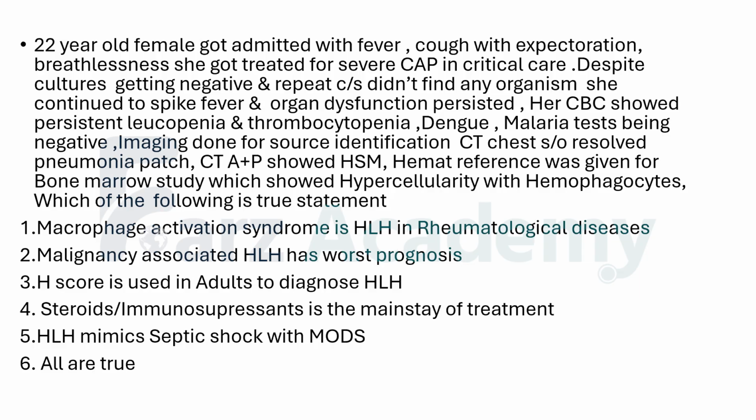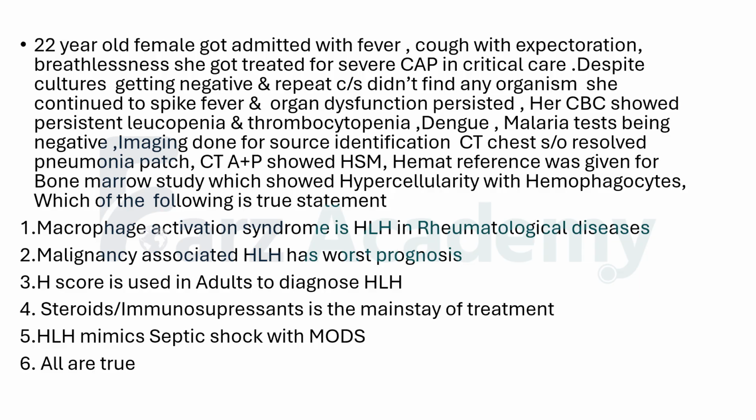A 22-year-old female got admitted with fever, cough with expectoration, breathlessness. She got treated for severe community acquired pneumonia in critical care. Despite cultures being negative and repeat cultures not finding any organism, she continued to spike fever and organ dysfunction persisted. Her CBC showed persistent leukopenia and thrombocytopenia. So a dengue malaria panel was sent, which was negative.